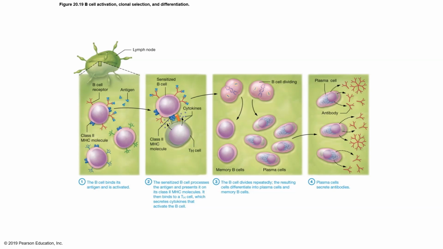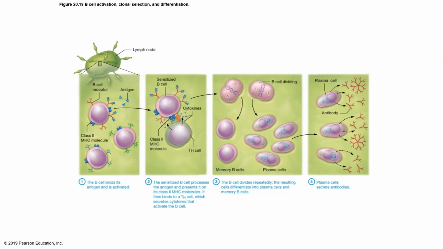Now the sensitized B cell will process the antigen and present it on its class 2 MHC molecule. It then binds to a helper T cell, this one over here, which secretes cytokines that activate this B cell.